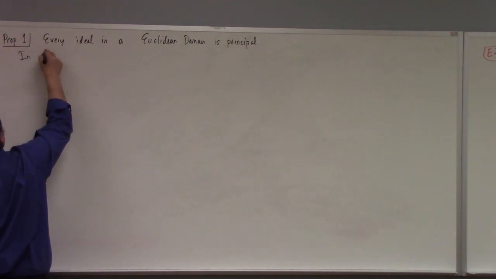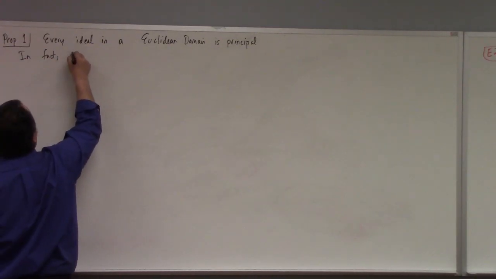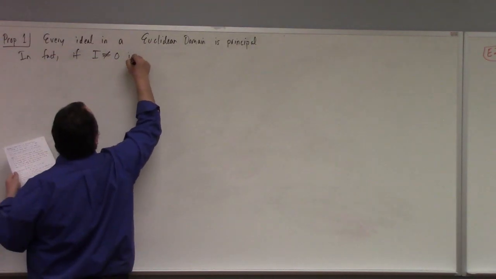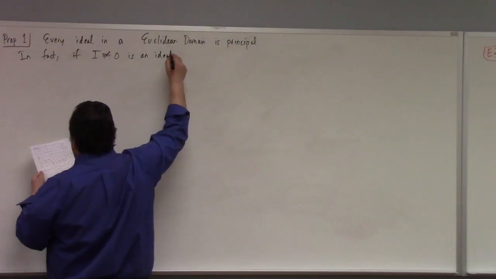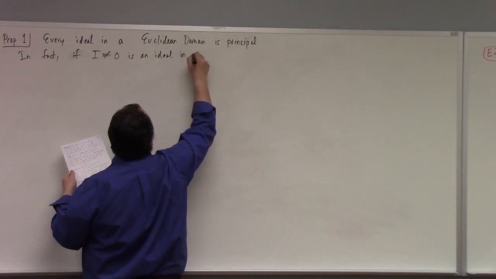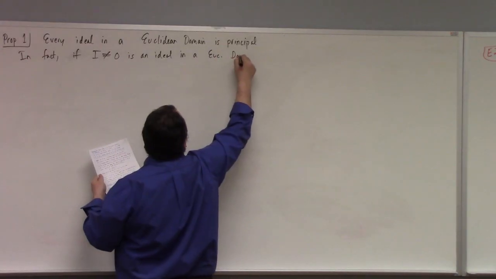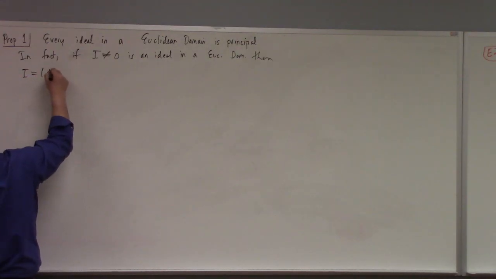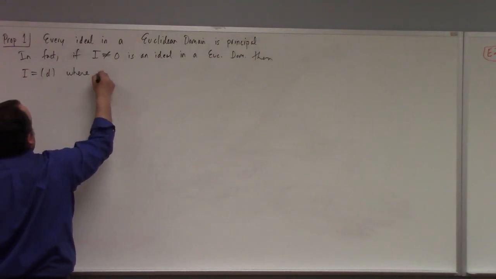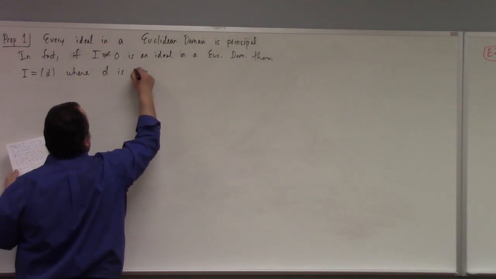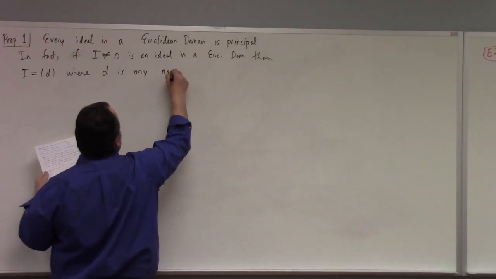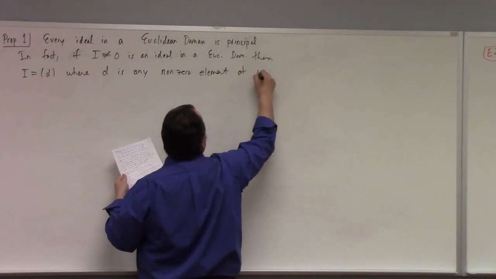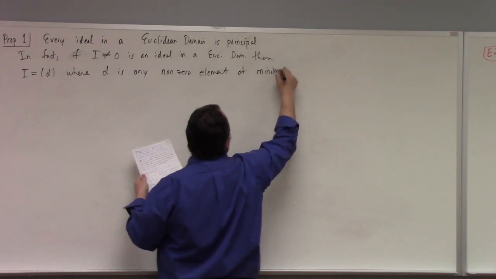In fact, if I is a non-zero ideal in a Euclidean domain, then I is generated by D, where D is any non-zero element of minimal norm.